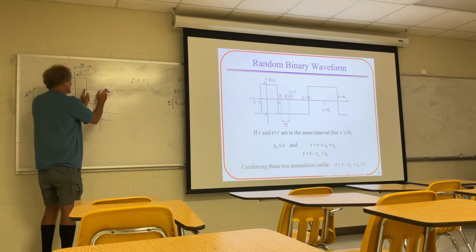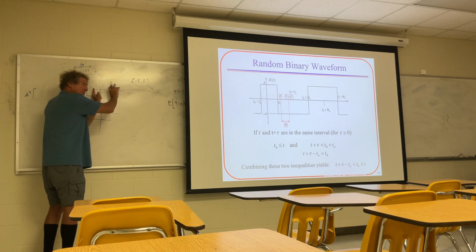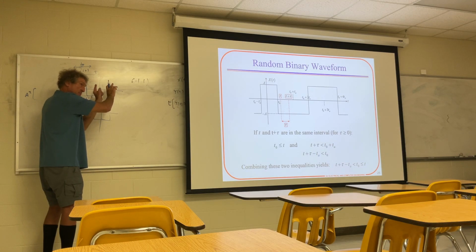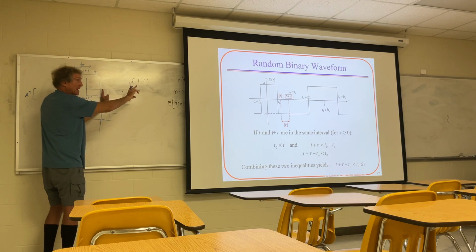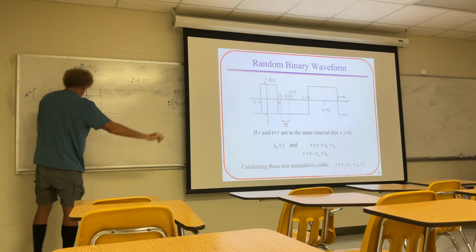When I start skewing it, now this part of the waveform is out of the picture, statistically speaking. You follow me? And when tau goes to a full period, the expected value is 0 after that point.